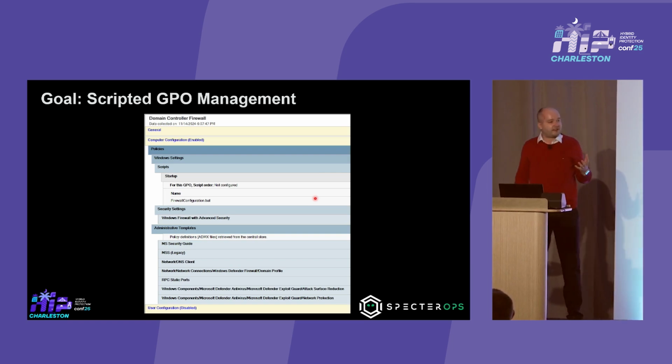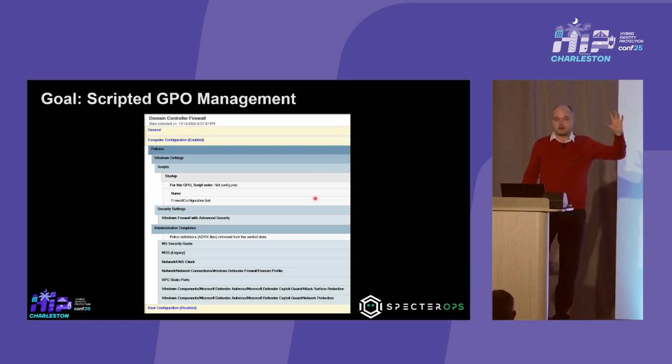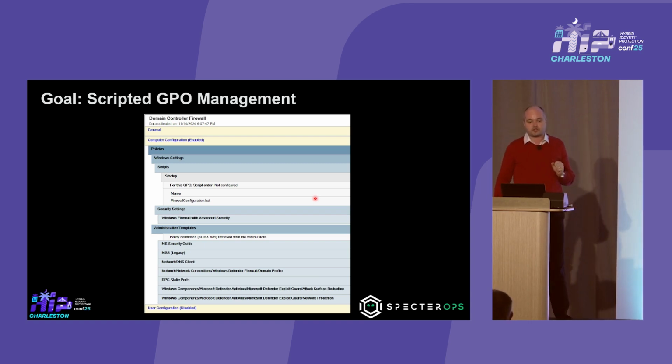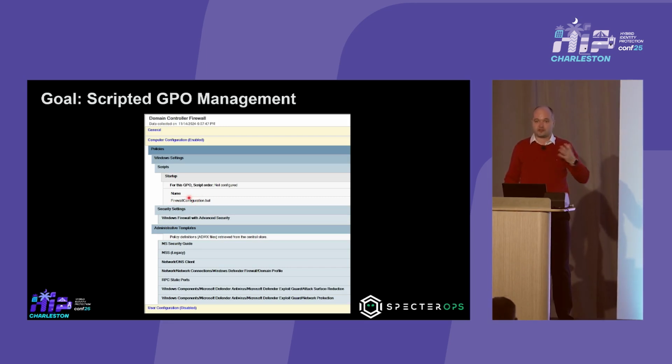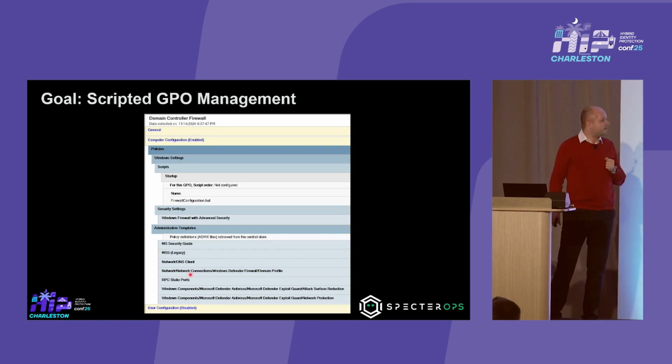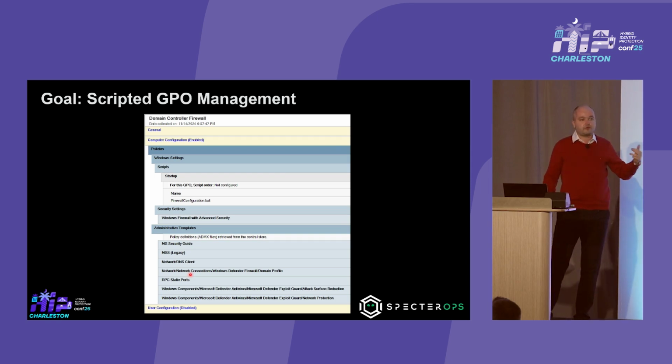So the goal of that project is to get a group policy object configured in Active Directory, which contains not only firewall configuration, but also some startup script for settings which cannot be configured in a different way, some administrative templates for DNS client and for some other network protocols, and so on. And this group policy object is generated through PowerShell.